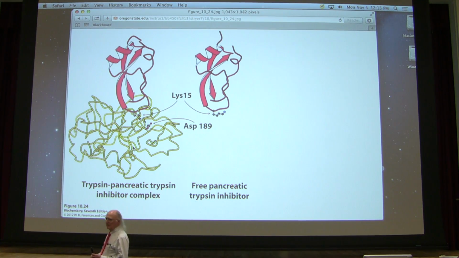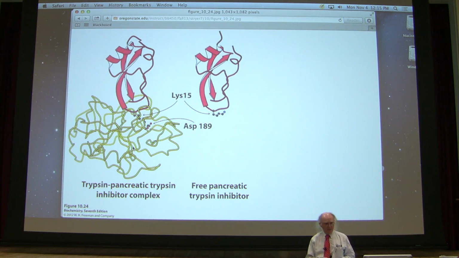As a consequence, the amount of alpha-1 antitrypsin in the lungs is reduced, at least the functional amount of that is reduced, which means that the amount of elastase that's active will go up. The elastase attacks the lungs, and consequently, the person develops emphysema.